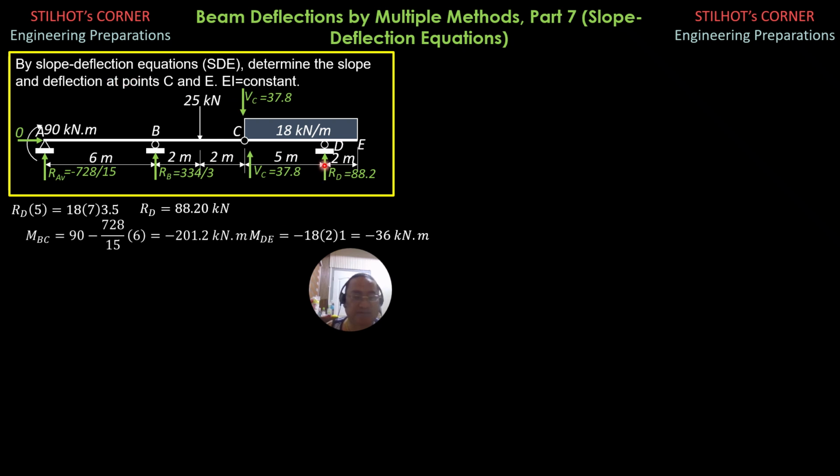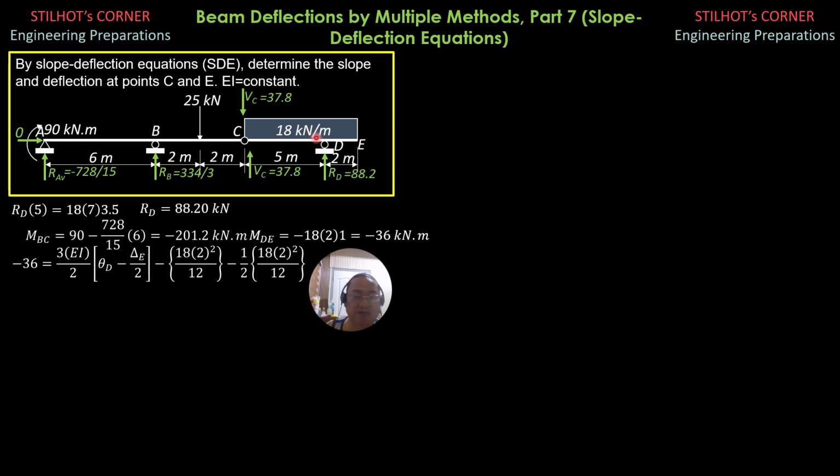So let's set up moment DE, which is equal to negative 36. So negative 36 equals 3EI over L, which is 2, quantity theta near, so theta D, minus delta E over 2. The assumption is that the rotation of the chord DE is clockwise, so that means E is below, so delta E is treated as positive downward.